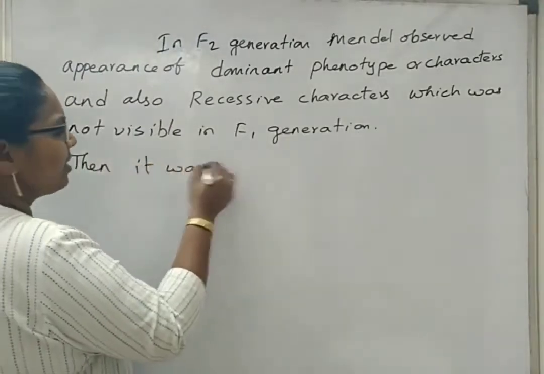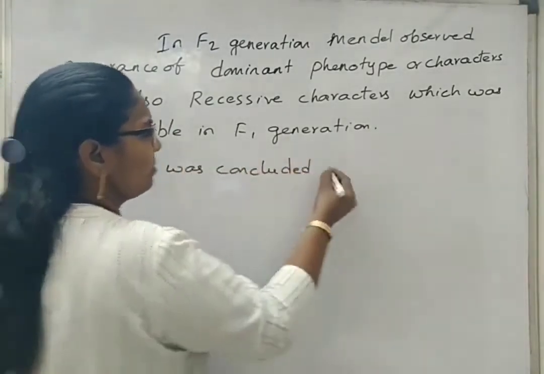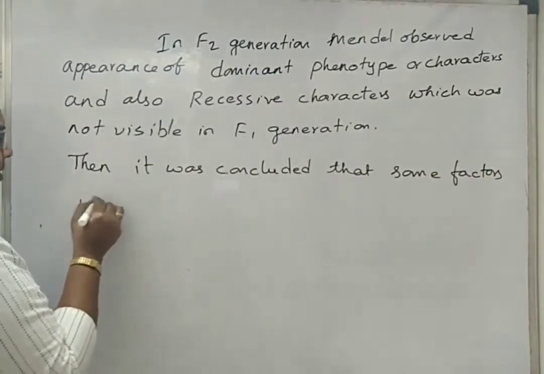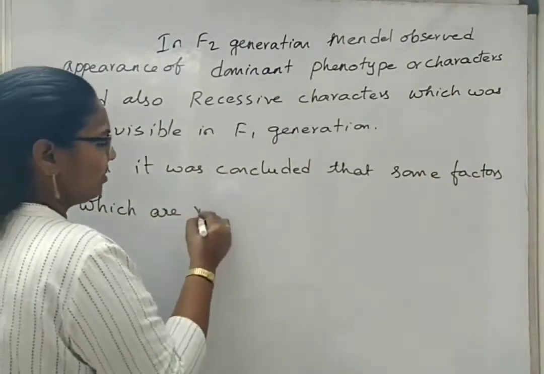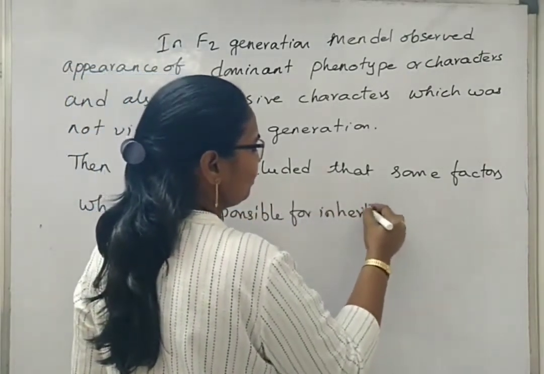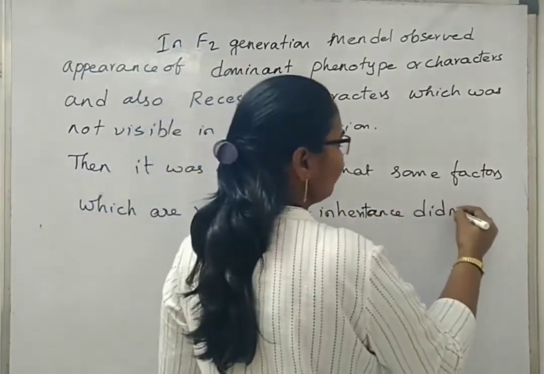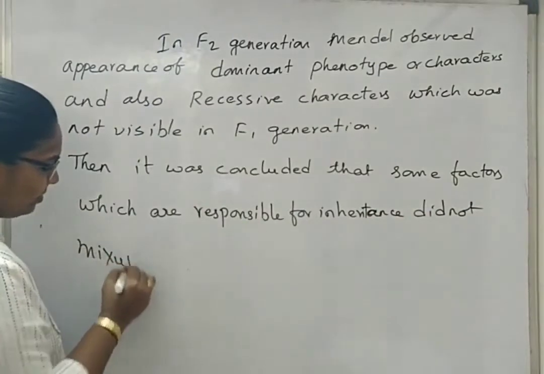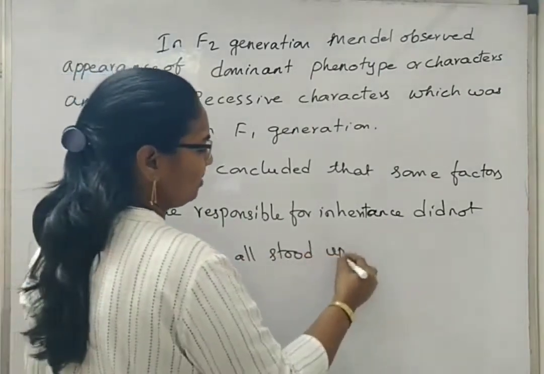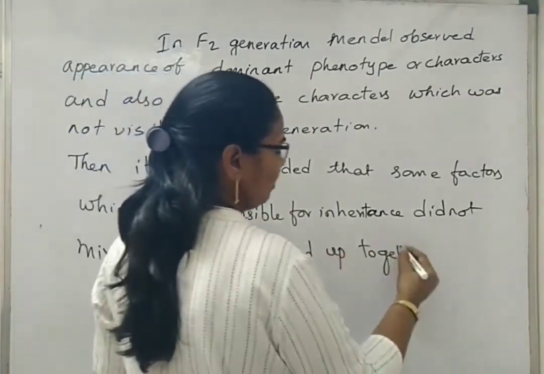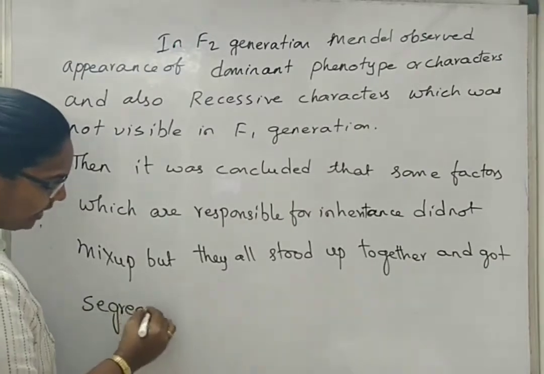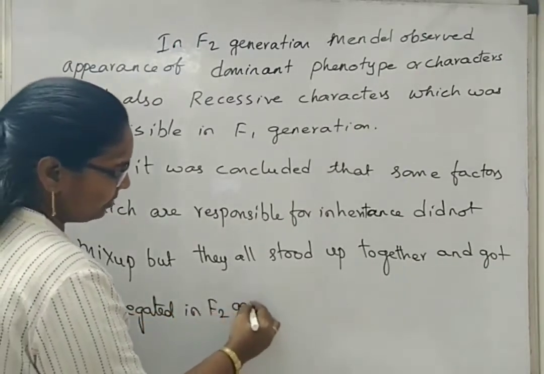Then it was concluded that some factors which are responsible for inheritance did not mix up, but they all stood together and got segregated in F2 generation.